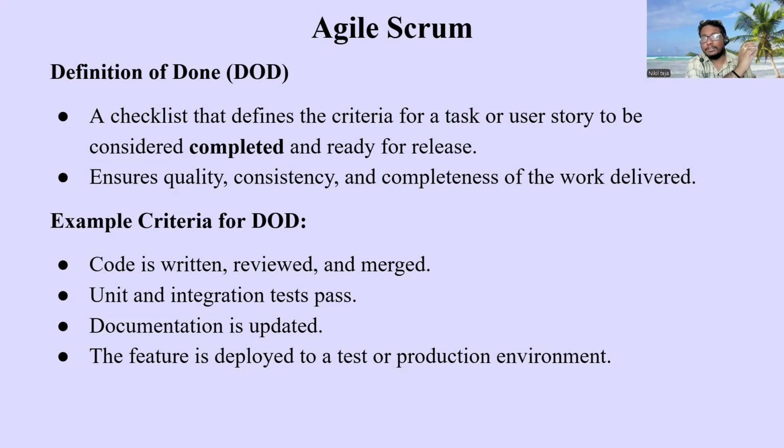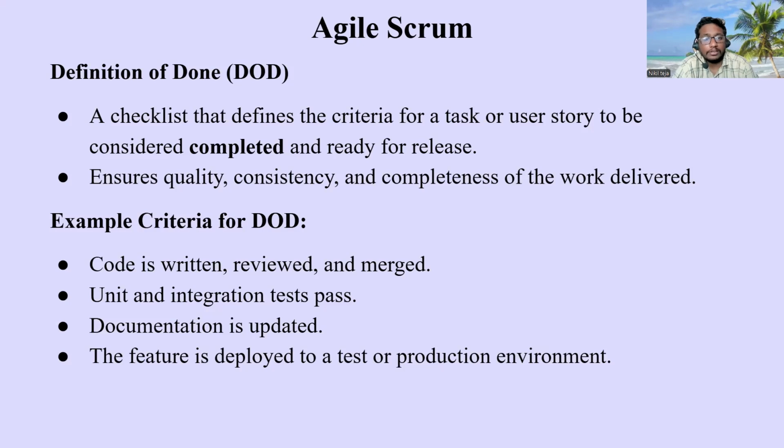DOR is a user story being ready for the development team to work on. DOD is a user story being completed, developed, tested, and ready for releasing in the real world, that is, the production environment. This is the difference between DOR and DOD.